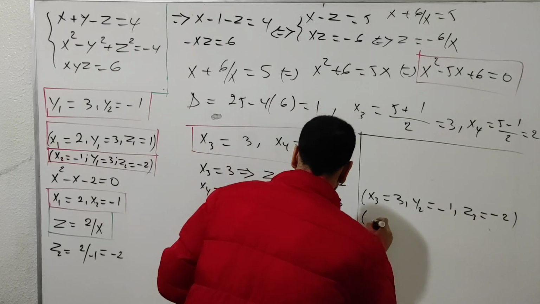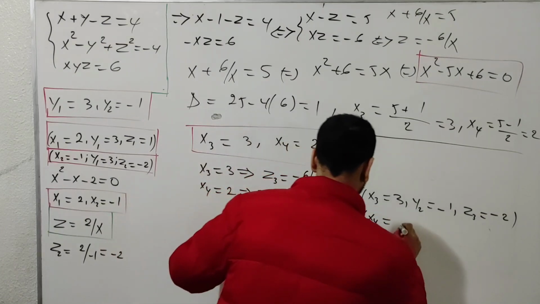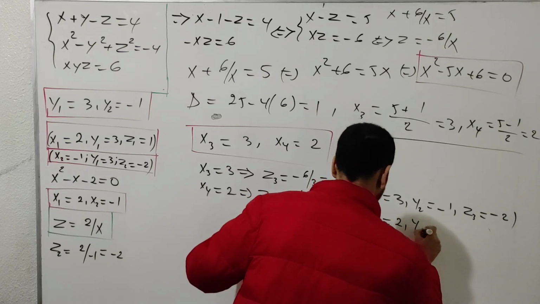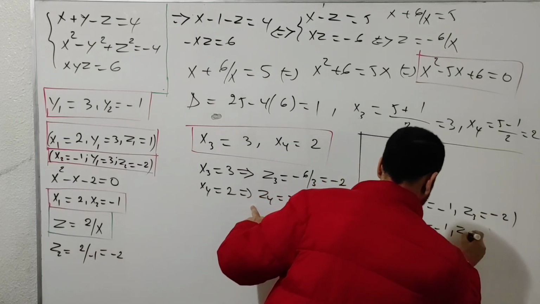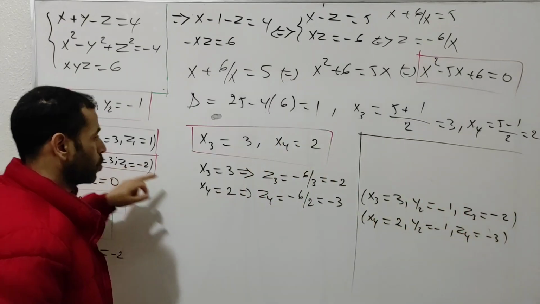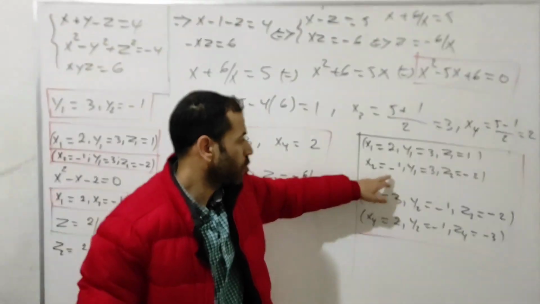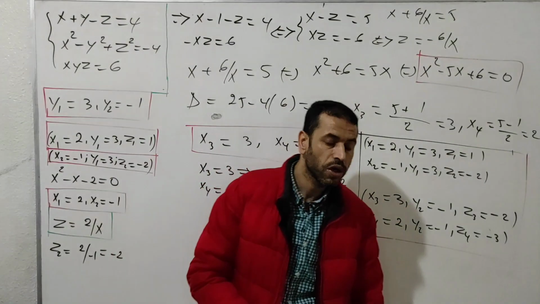The fourth solution, I will have x4 equals 2 with y2 equals minus 1, z4 equals minus 3. Okay, I'm going to add these two previous solutions up here. These are the only solutions that we found for this equation. So I have done this problem.